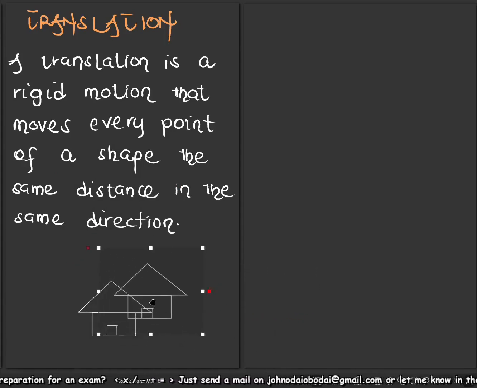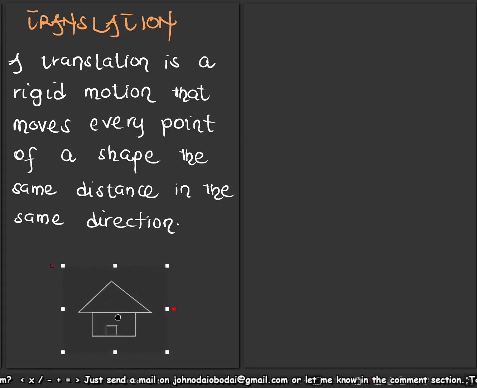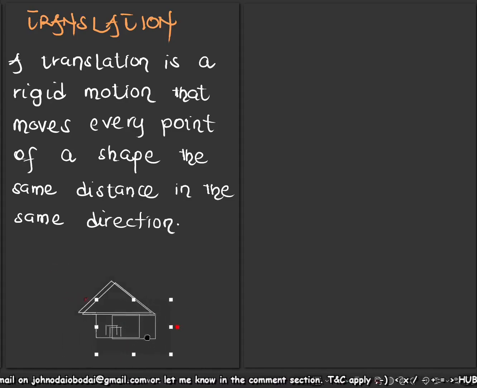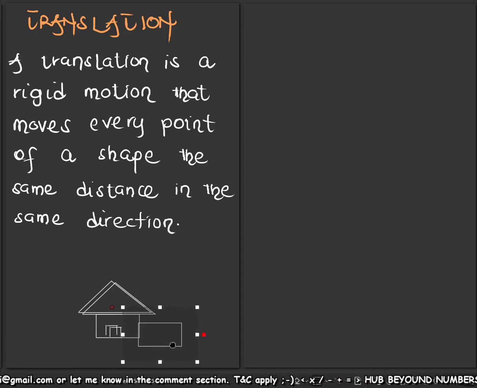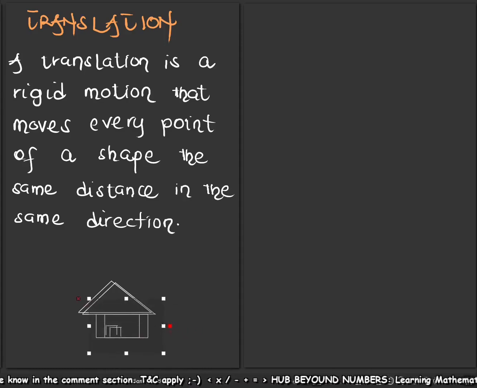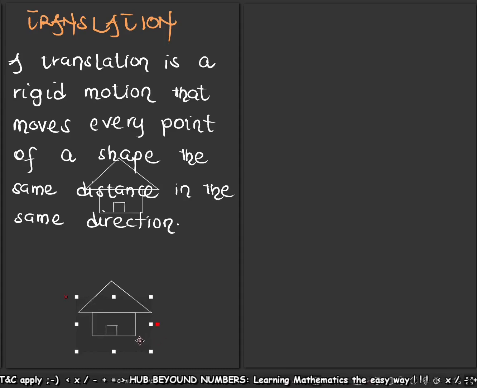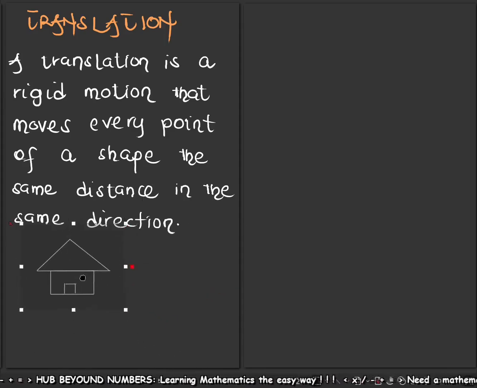But if I'm not able to move the whole thing, and I rather take a portion of it and then I move, that is not translation. I'm rather destroying it. I would even say it's distortion. So for translation, you are moving the whole thing in the same direction.